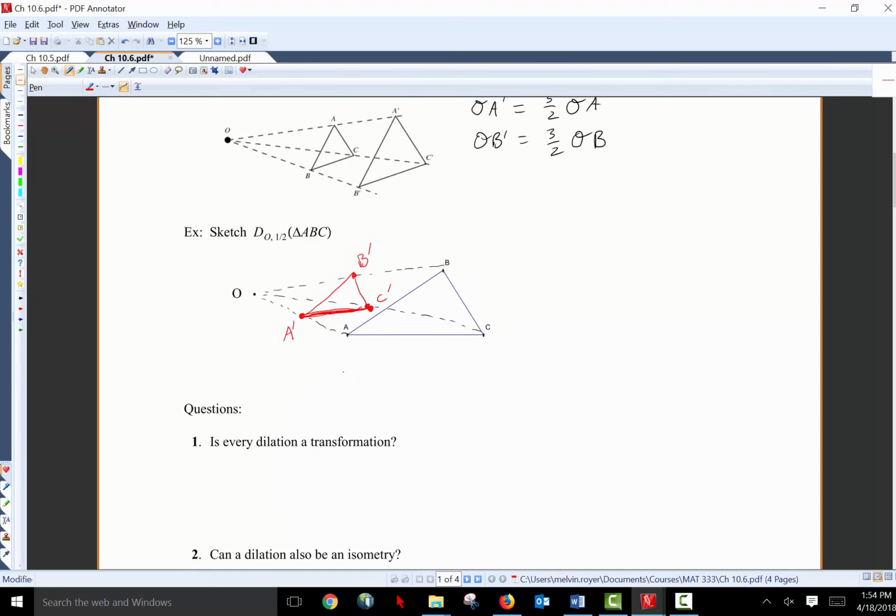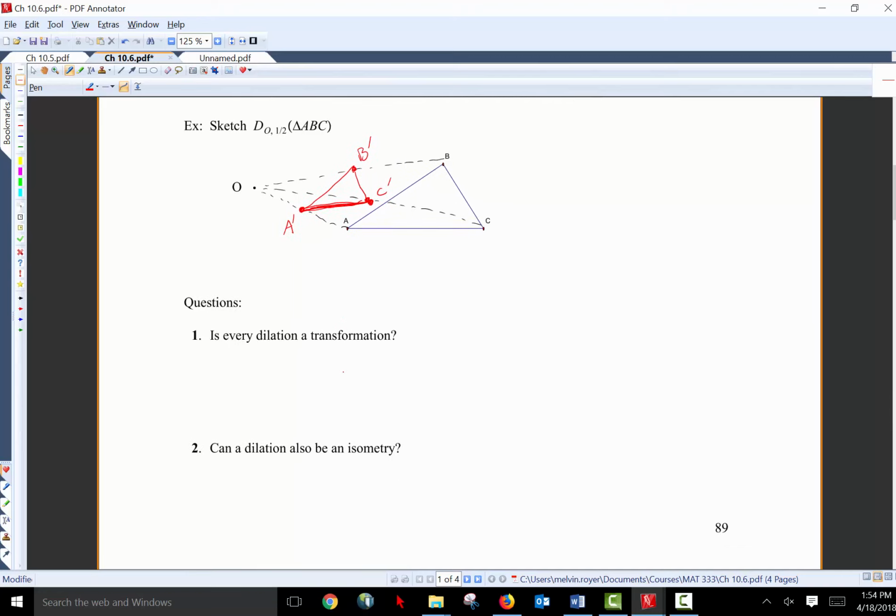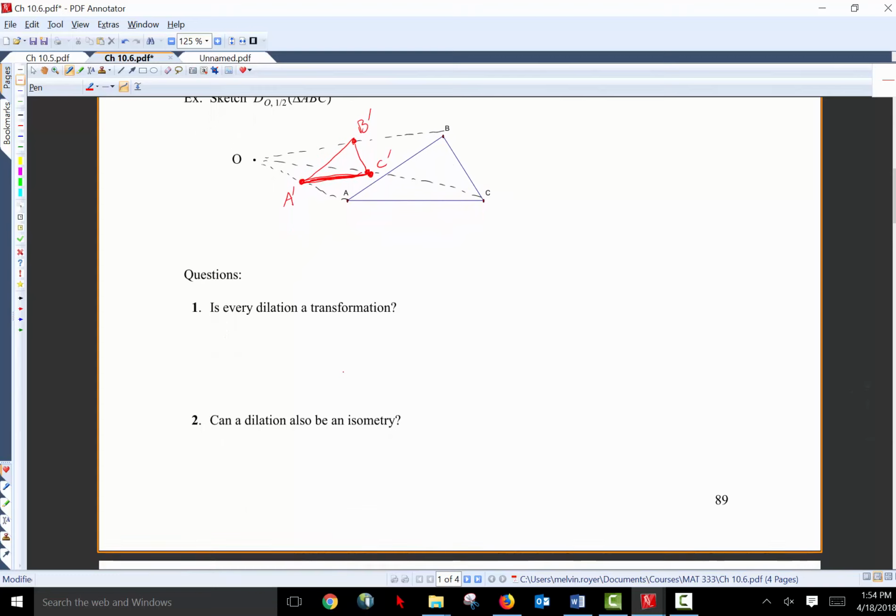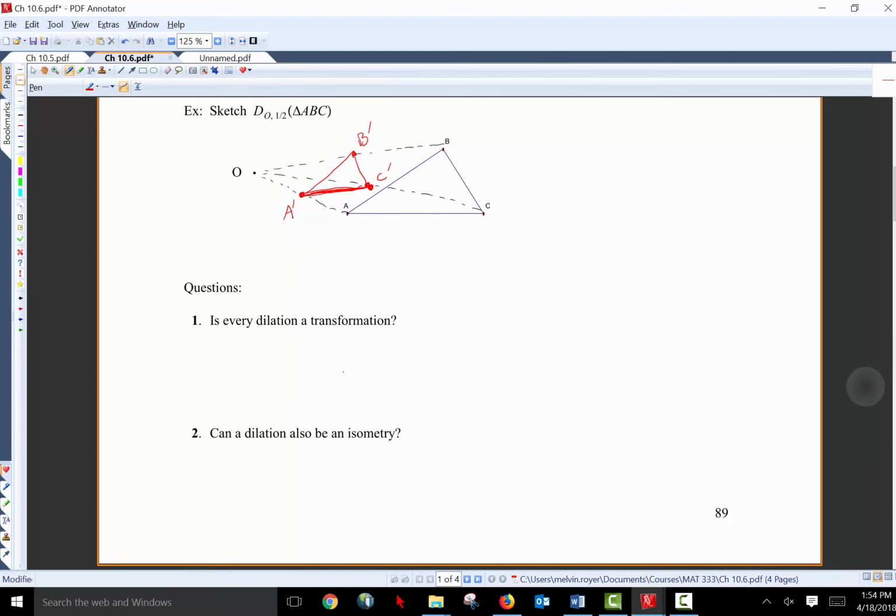Before we decide that for sure, let's answer a couple of other questions. We define functions like this, but is a dilation really a transformation? That meant a function that was 1-to-1 and onto. So if, for example, I was checking 1-to-1, here's my origin.